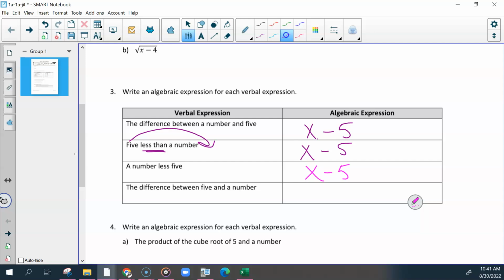So a number less 5 means exactly what it says. X minus 5. Right. The difference between 5 and a number. 5 minus x. That one would be different because the number, or 5, comes first. So with your difference problems, we want to write it exactly how it says. Alright, when we come back.